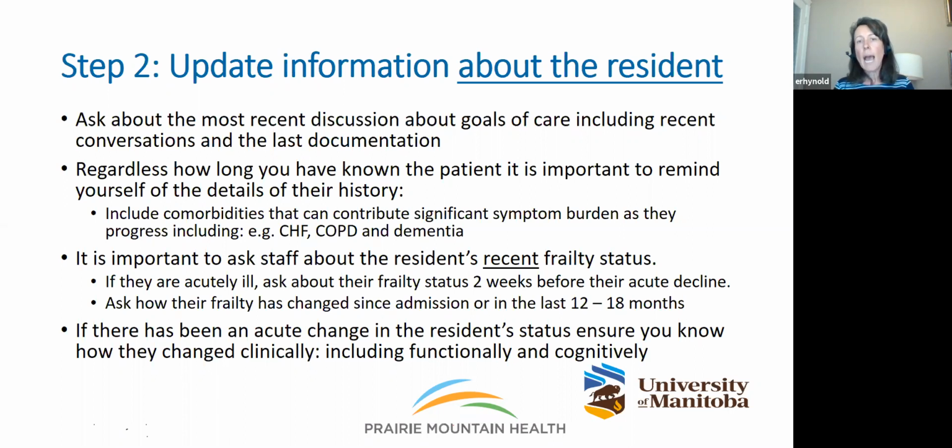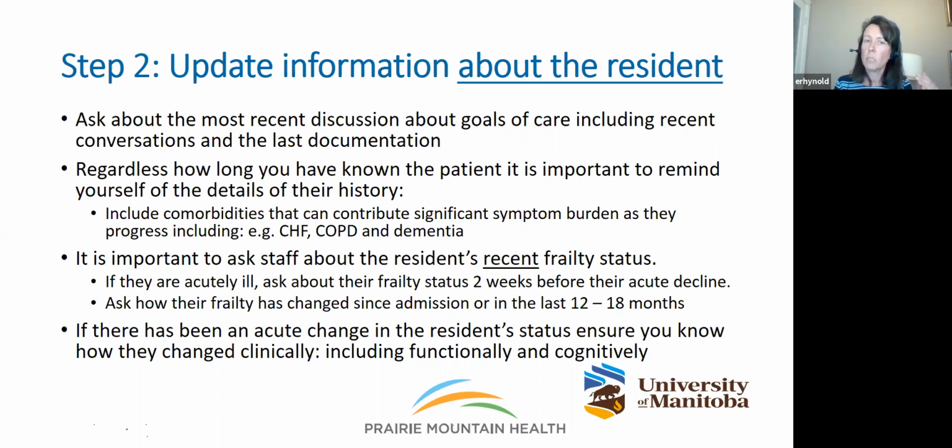It's about how things have been changing with their frailty, say in the last 12 to 18 months or in the last 6 months. Have things accelerated? Because that also is important. If things are changing quickly, we often say, based on the change in the last 6 months, that can be a predictor of how things are going this next 6 months. So if things have been stable for 3 years, that may suggest more stability going forward.